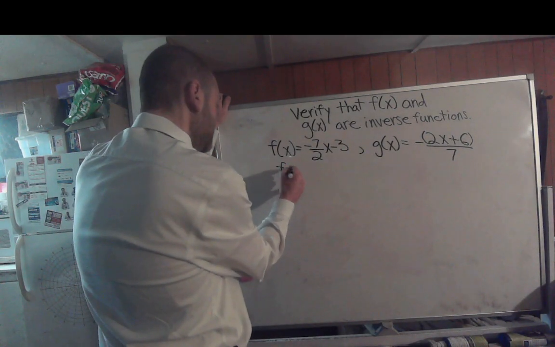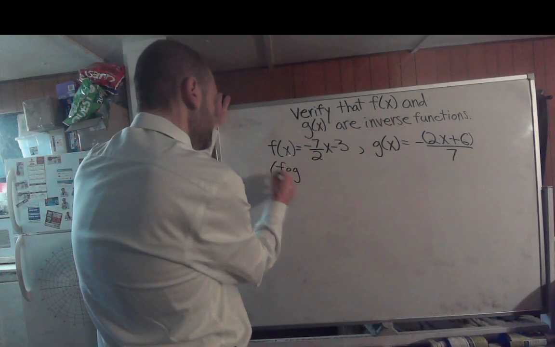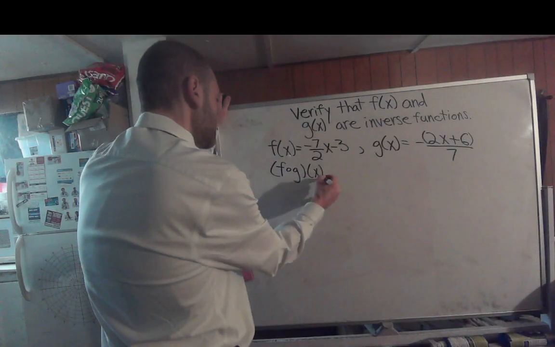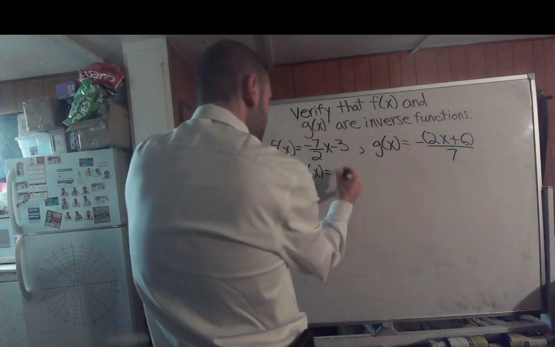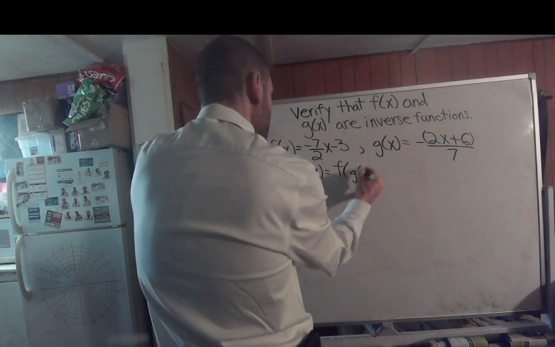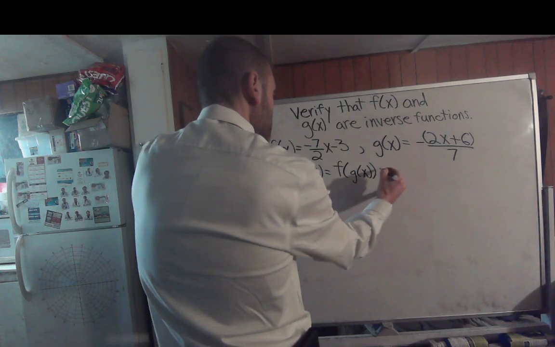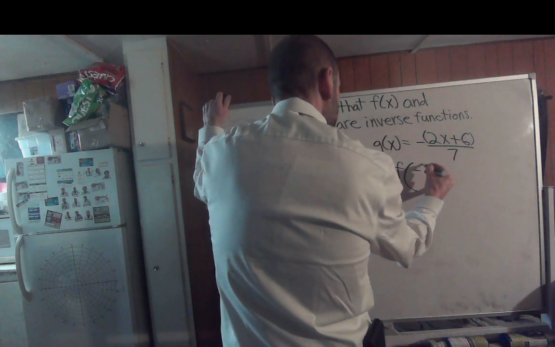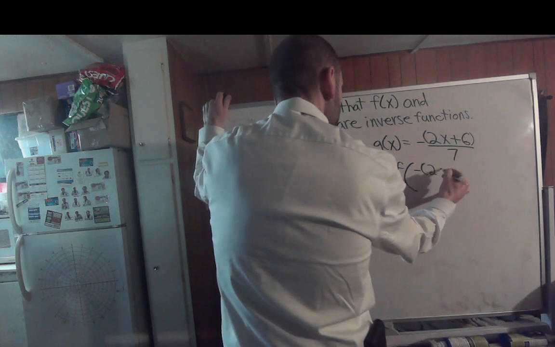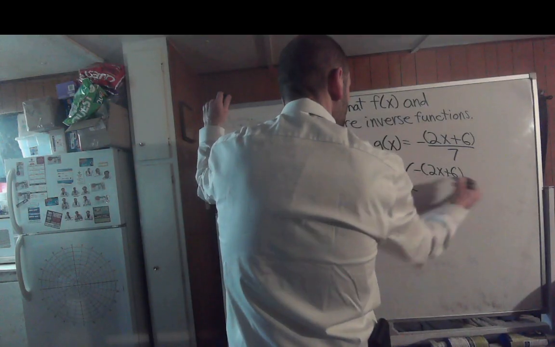So let's take f composition g of x. This would mean f of g of x, which means f of that negative of the quantity 2x plus 6 all over 7.